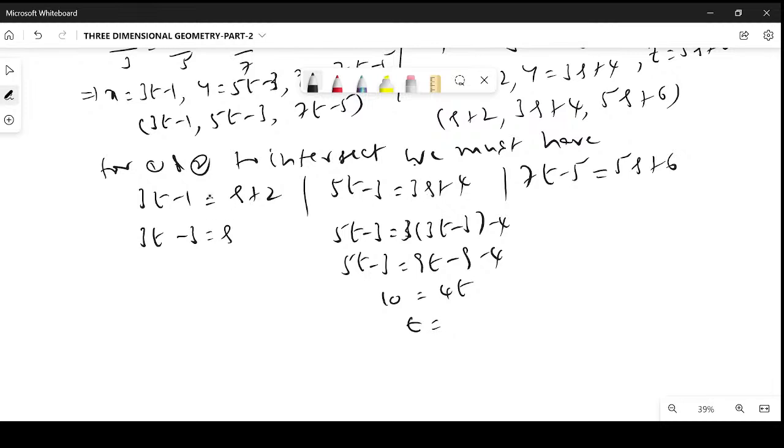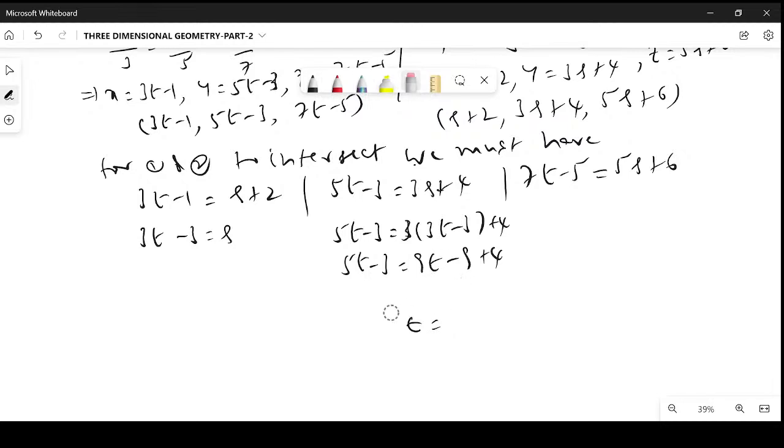This is 3s + 4, be careful. I wrote minus 4 by mistake; it is 3s plus 4, otherwise you will get a different value. You should be careful here.